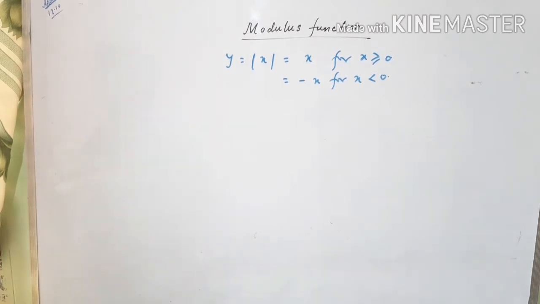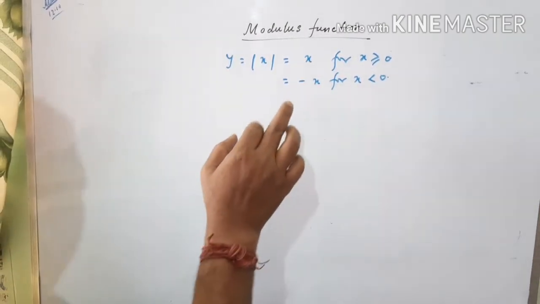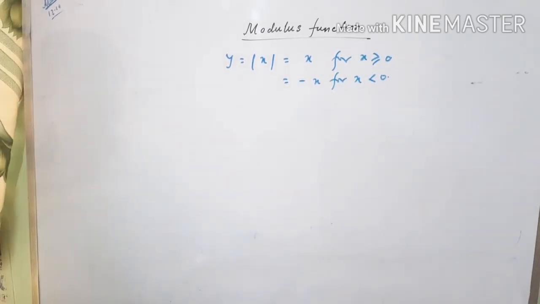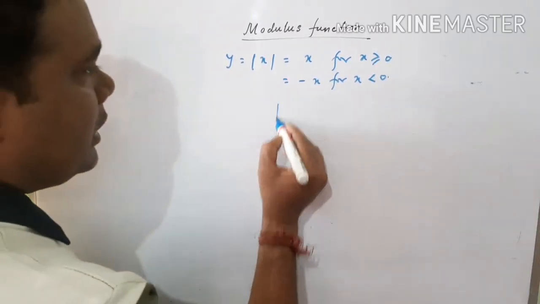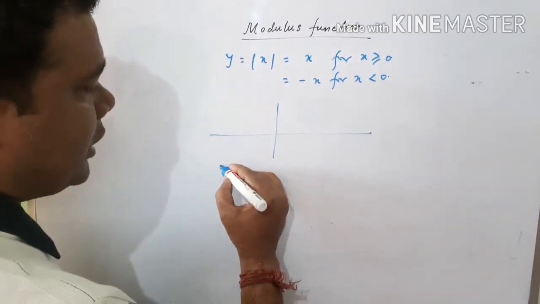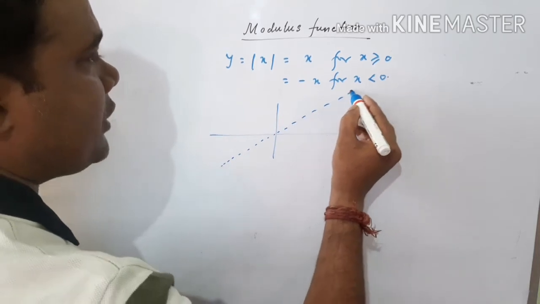Now let us try to draw the graph of mod x. We have already seen y equal to mod x means y equal to x for x greater than or equal to 0, and y equal to -x for x less than 0. So let us draw the graph of y equal to x. We know that y equal to x is a line passing through the origin like this.